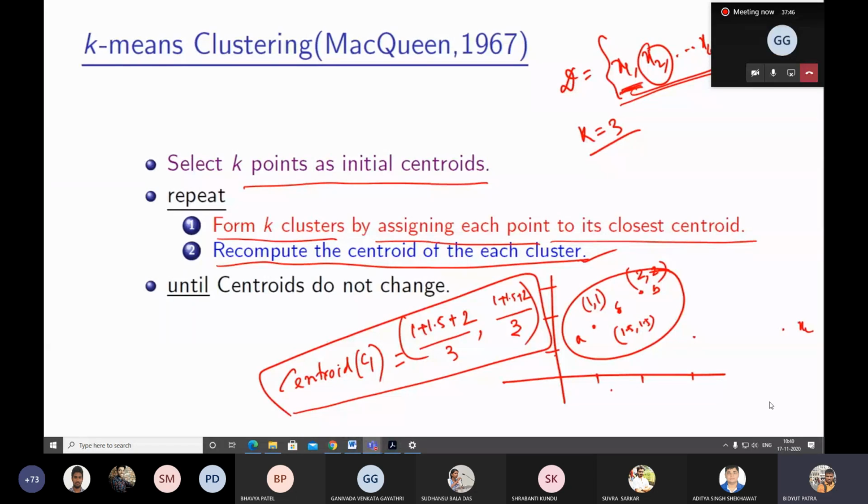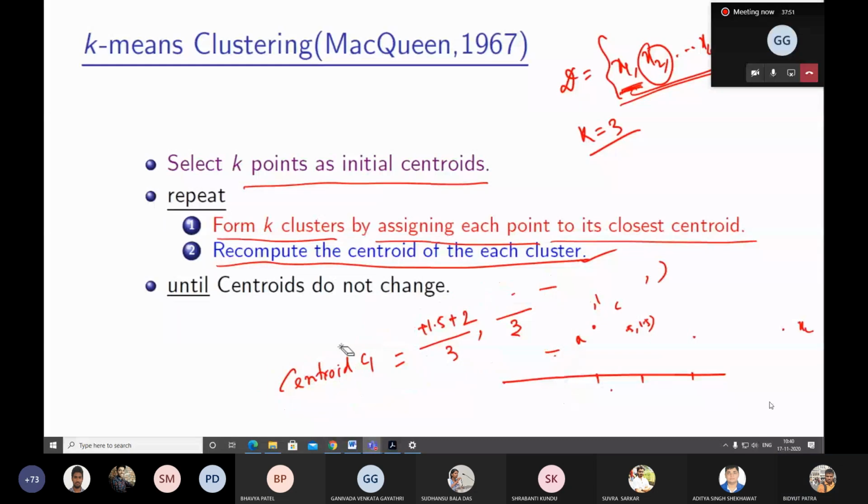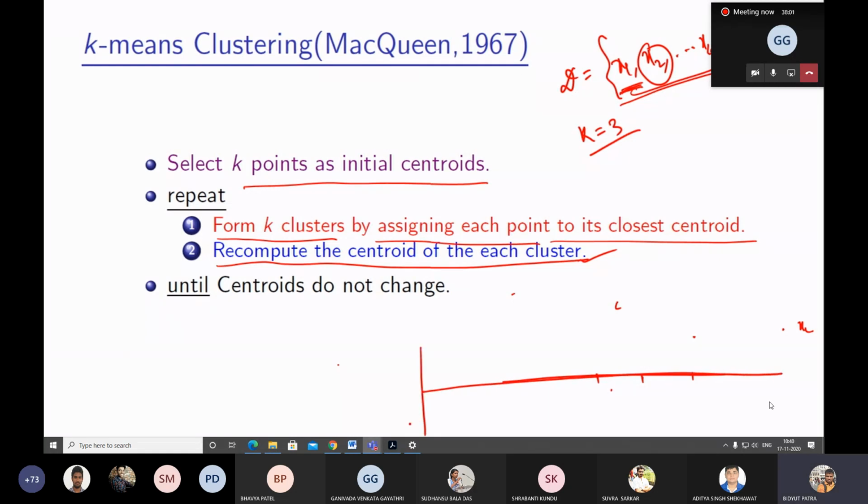So if it is a single dimension, what does that mean? This is 0, this is 1, this is 2, this is 3, this is 4, this is 5, this is 6, and so on.